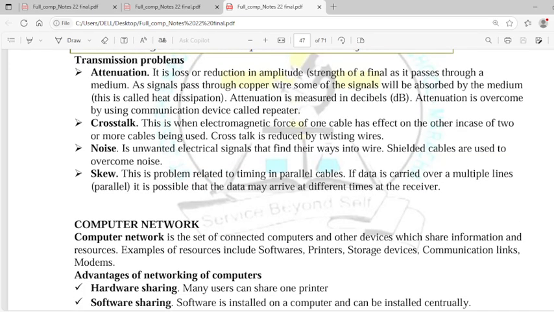Then last we have skew. A skew is a problem that is related to timing in parallel cables. If data is carried over multiple lines, it is possible that the data may arrive at different times at the receiver.